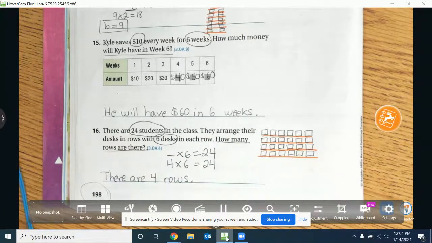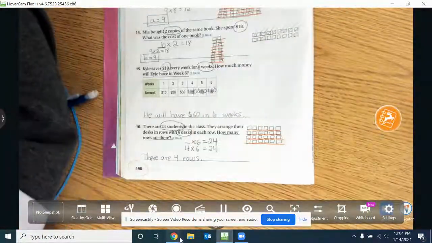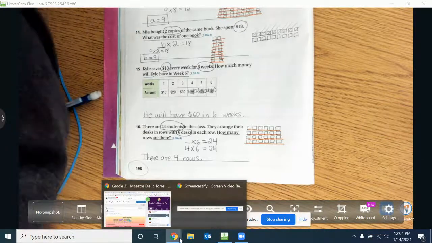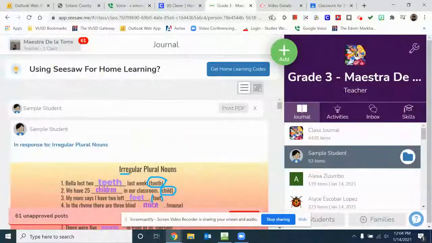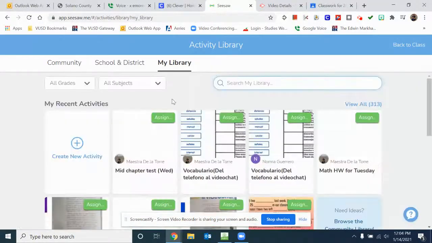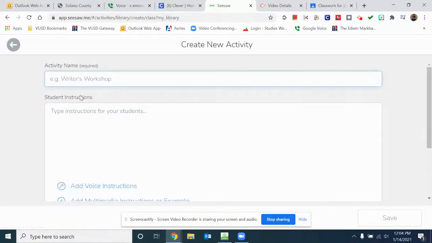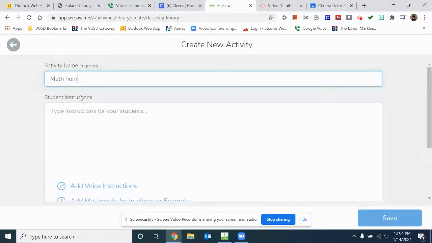Once you have finished this, you're going to take a picture of this page and post it in Seesaw. Let me go into Seesaw right now, and I'm just going to add it for all of you to have. So make sure you take the picture. Today is Thursday. So math homework for Thursday.